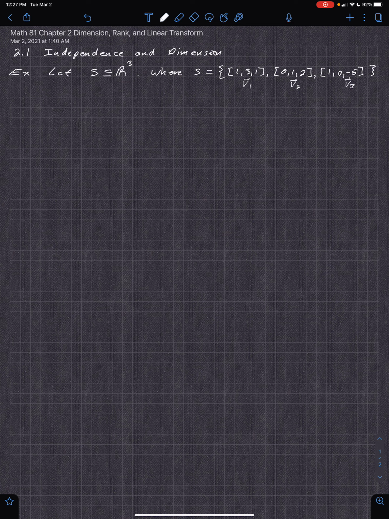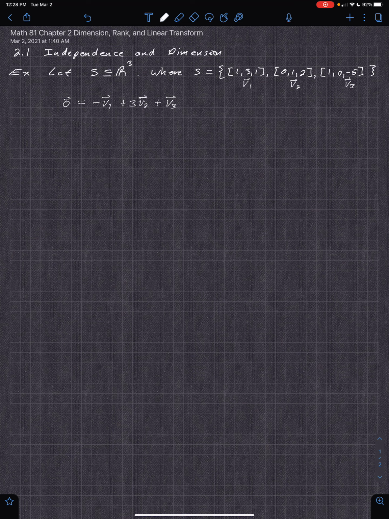Then with a little bit of work, you can see that 0 is equal to negative V1 plus 3V2 plus V3. And I'll show you that too in a second here.